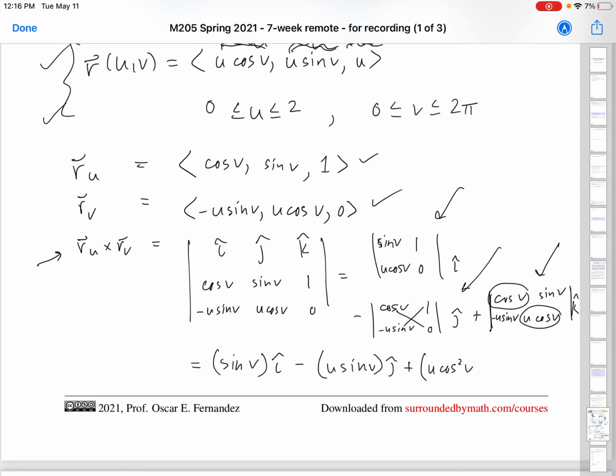That's u cosine squared v. Then I have minus u sine v times negative u sine v times sine v. So I get plus u sine squared v. Okay, so my cross product here is sine v, minus u sine v, and then this just collapses to u. So that is pretty nice.